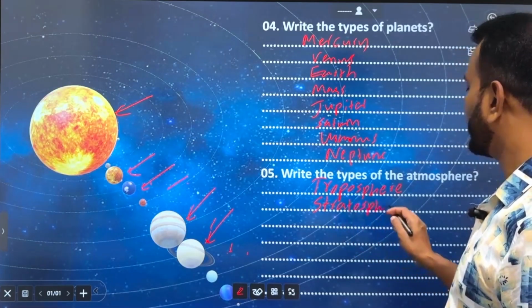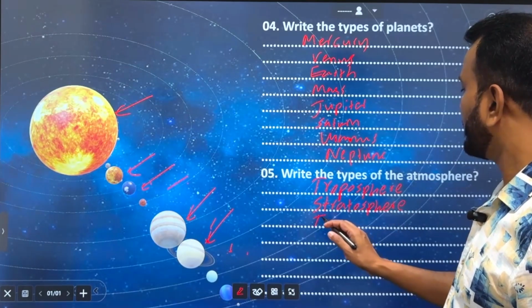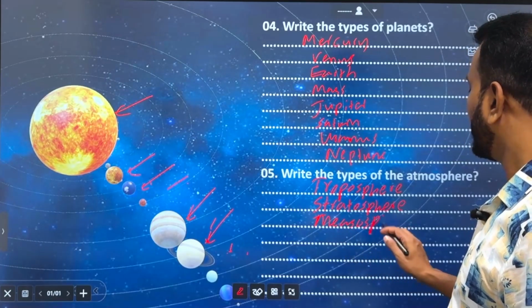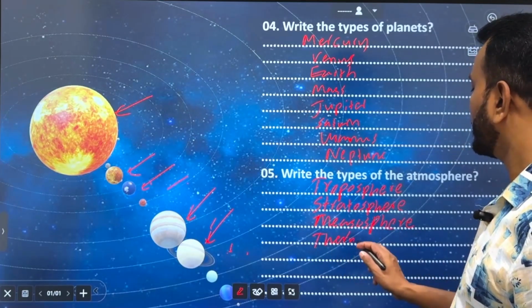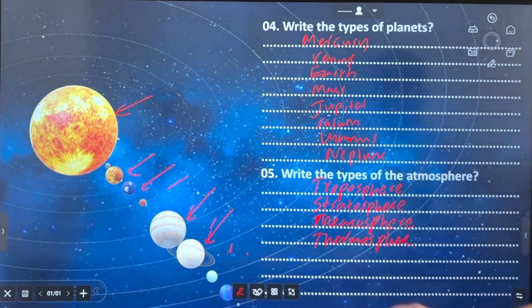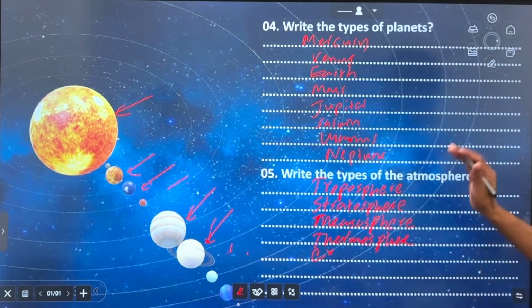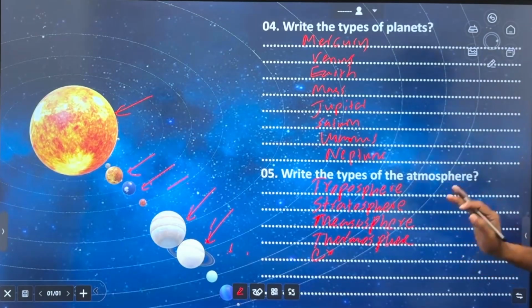Number 3, mesosphere. Last one, thermosphere. Exosphere. We talk about the exosphere in science. They are the major types of atmosphere. That means what are the major parts of the atmosphere?